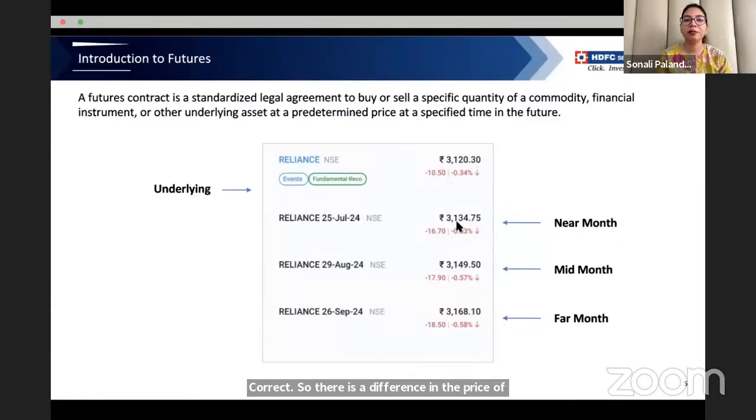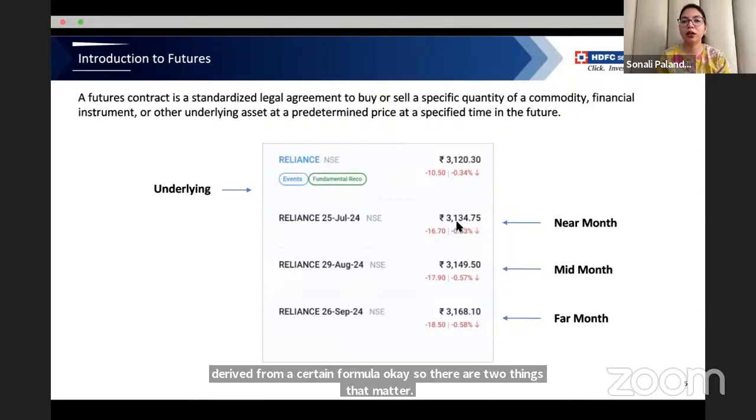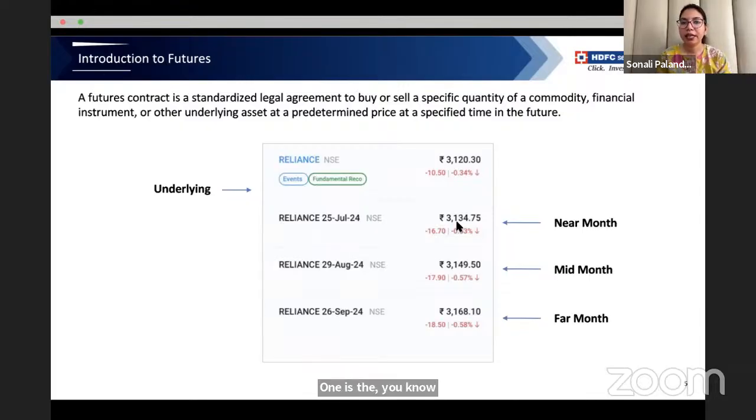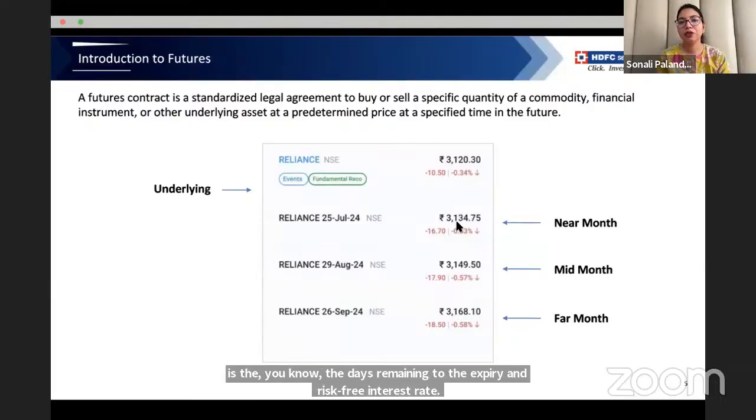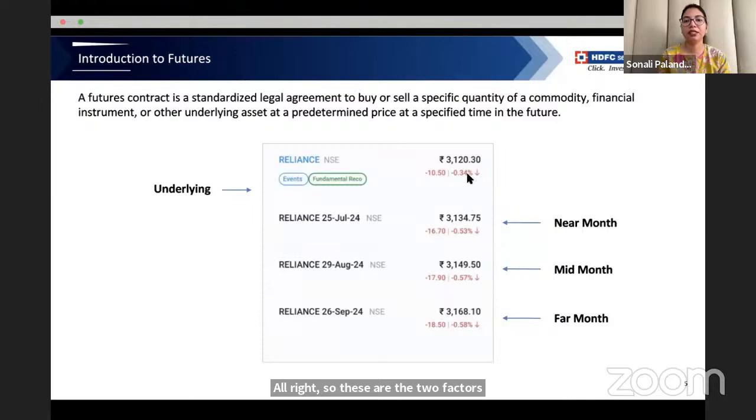Whenever we get a price of any futures contract, it is derived from a certain formula. There are two things that matter: the days remaining to the expiry and the risk-free interest rate. These are the two factors which impact the difference in the prices.